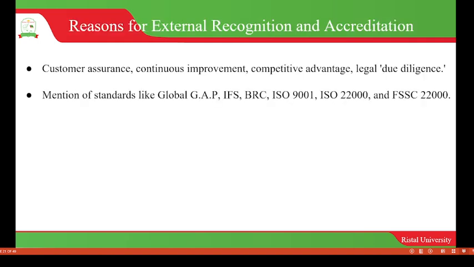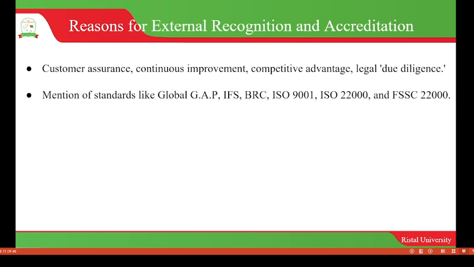Reasons for external recognition and accreditation. Accreditation is the act of being officially recognized or accepted or approved of doing something.